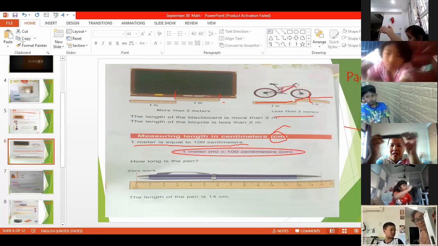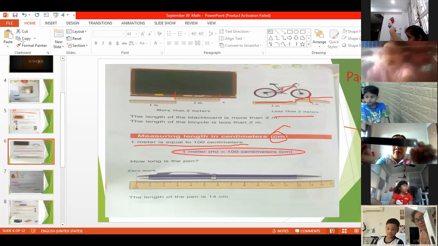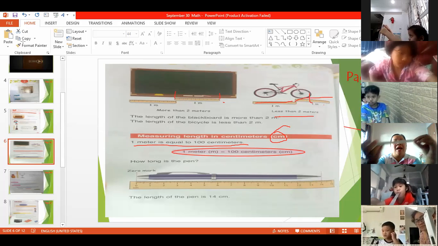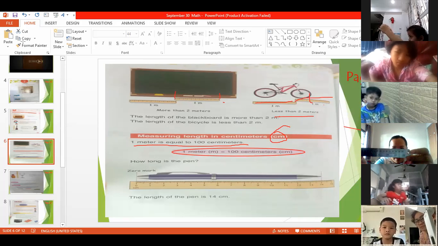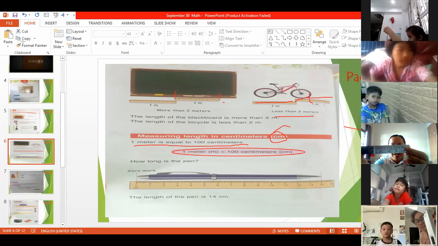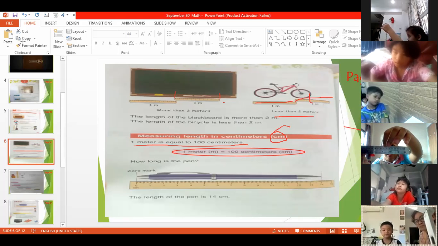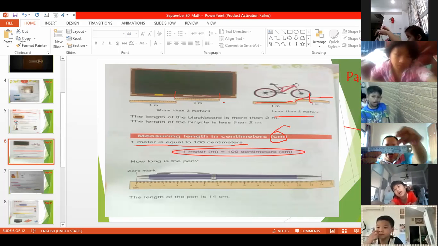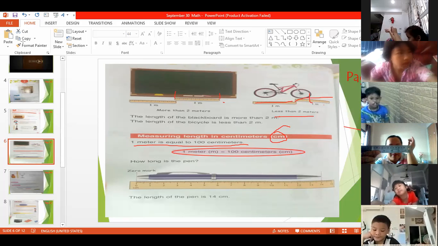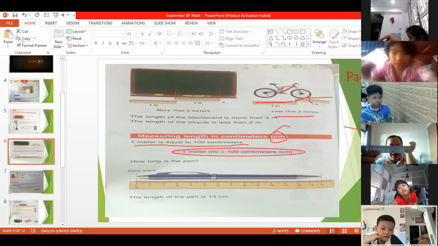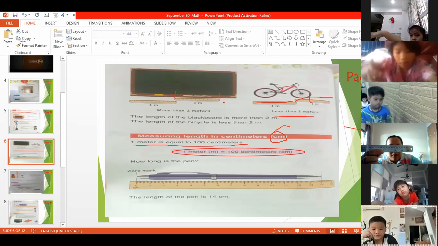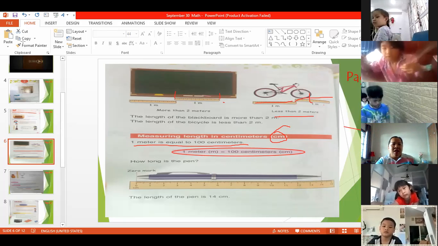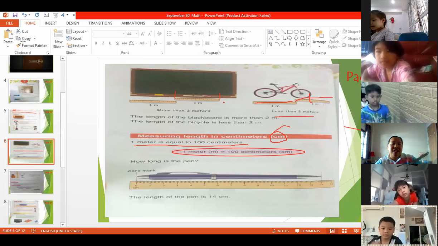In my ruler here, there is a sign, cm. That is centimeter. Above, that is centimeter. But below, that is inches. So we will not use the inches. We will use above. This ruler is 40 centimeters long. That's okay, because we only see the measurement or the length of some objects.